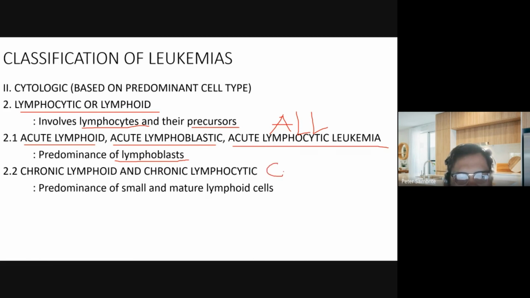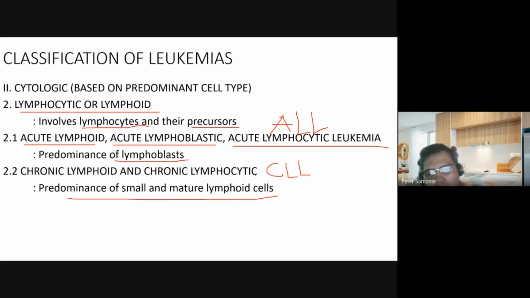Then, we also have your CLL, or your chronic lymphoid leukemia, or chronic lymphocytic leukemia, predominance of small and mature lymphoid cells. Again, for your lymphocytic or lymphoid, we have your lymphocytes and their precursors. The first one is your ALL, which is characterized by the predominance of lymphoblasts.